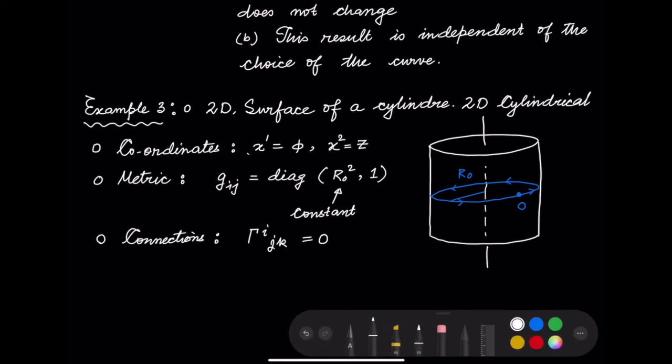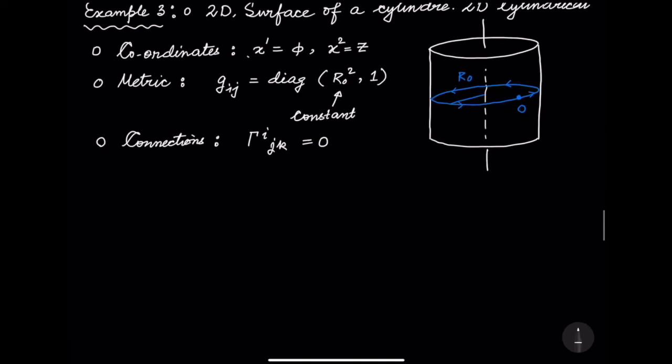So let us write the curve. The curve is x1 is the parameter and x2 is fixed at any value, say z0. It's really independent of the value of x2.